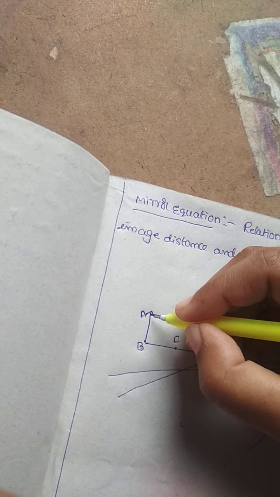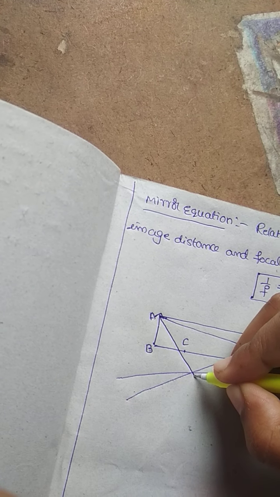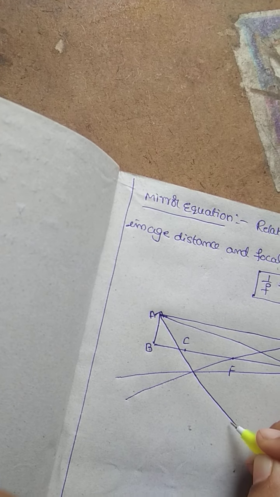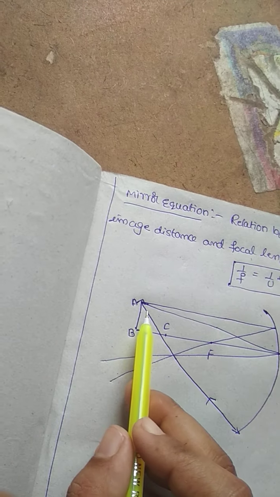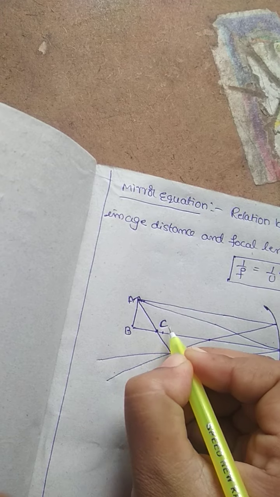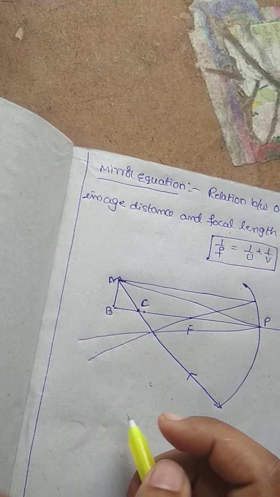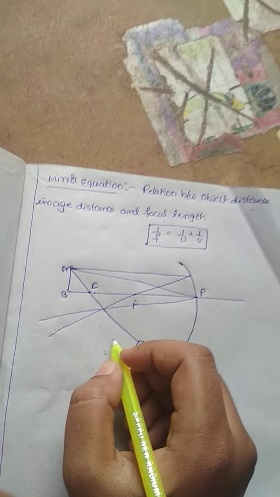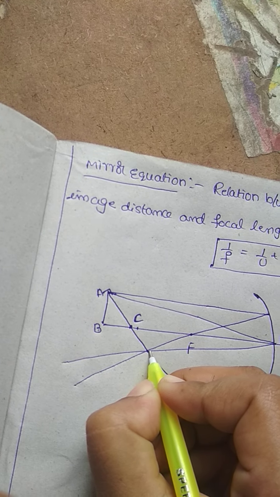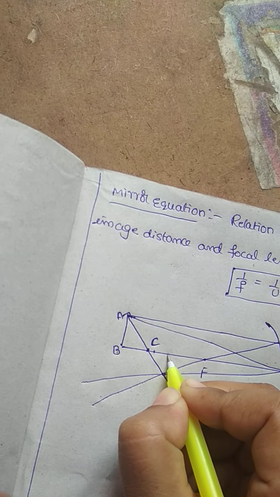Next, the third rule: whenever a ray of light passes through the center of curvature, after reflection it will go back the same path. So all these rays meet at this point, which means the image is formed here.